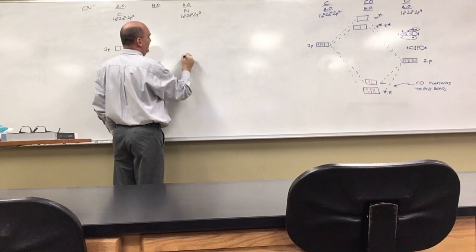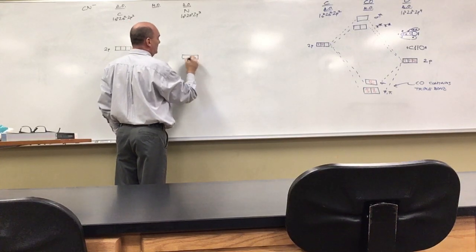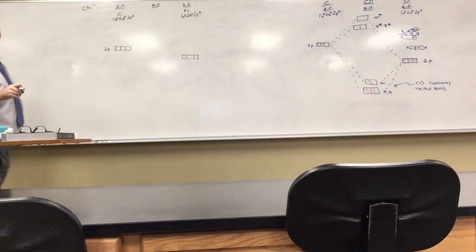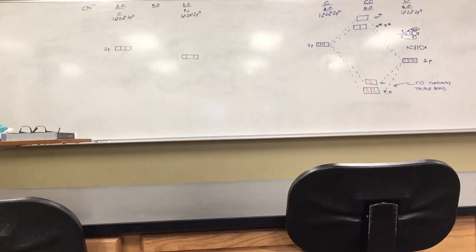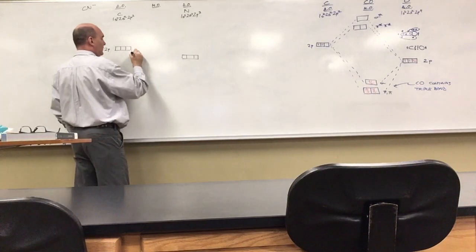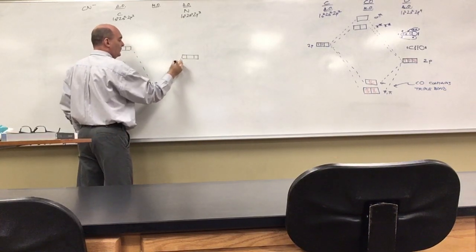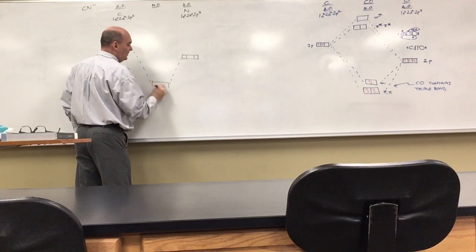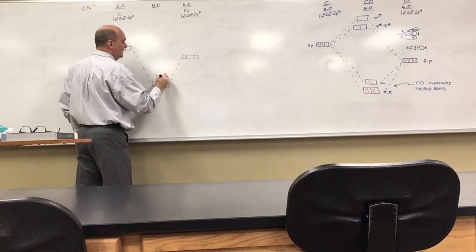Nitrogen is more electronegative than carbon. Because we're on the carbon and nitrogen end, we're further left on the periodic table. When these orbitals combine, I'm fully anticipating that the pi's are lower than the sigma.